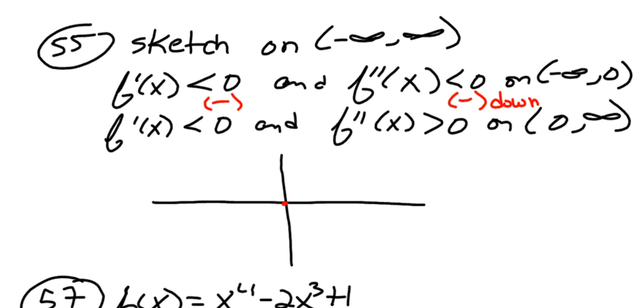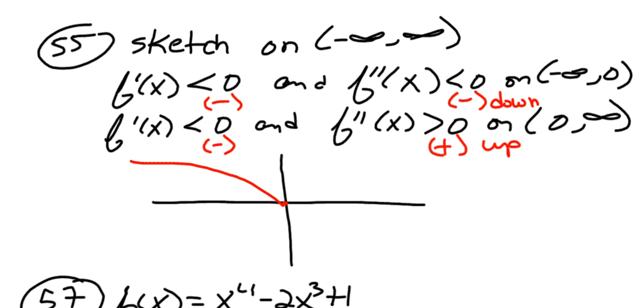The next line says the first derivative is less than 0, so we still have negative tangent lines, negative slopes, and then it also has a requirement that the second derivative is now positive, or with a concavity that is up on the interval from 0 to infinity. So they want us to sketch one continuous graph that has all these requirements to it. If that's the case, I'm coming from negative infinity with some kind of negative tangent lines, and we're going to 0, and it was concave down.